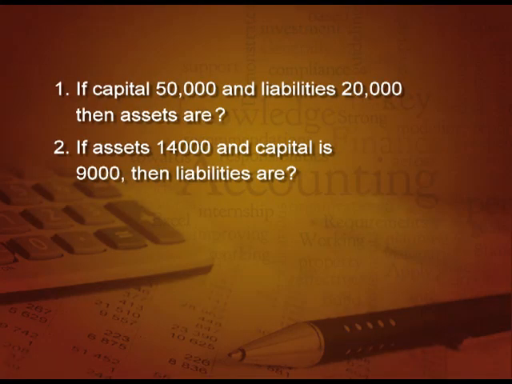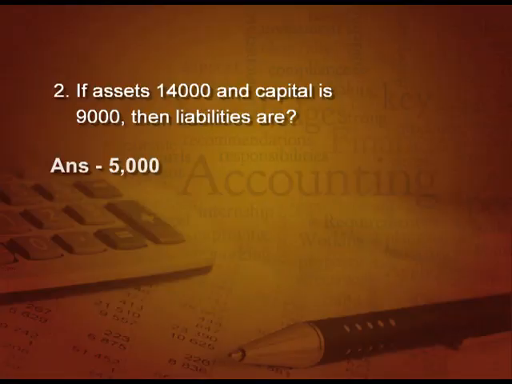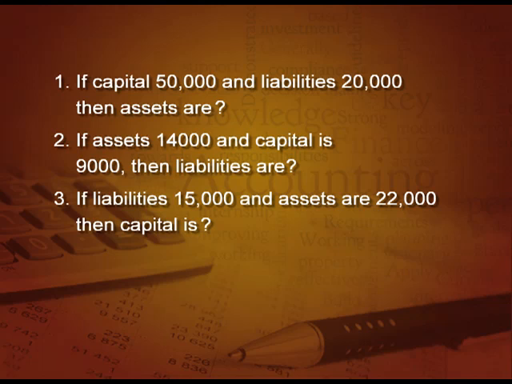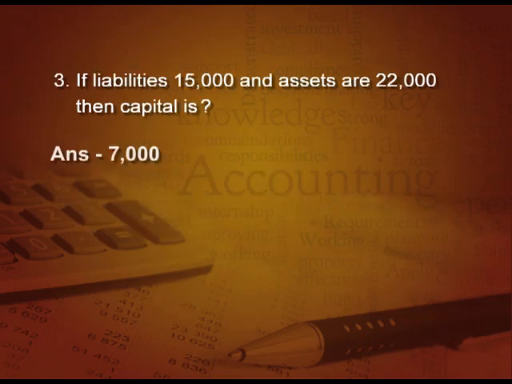If assets are 14,000 and capital is 9,000, then liabilities are, yes, 5,000, because assets is equal to capital plus liabilities, right. If liabilities are 15,000 and assets are 22,000, then capital is, yes, 7,000, because assets is equal to liability plus capital.